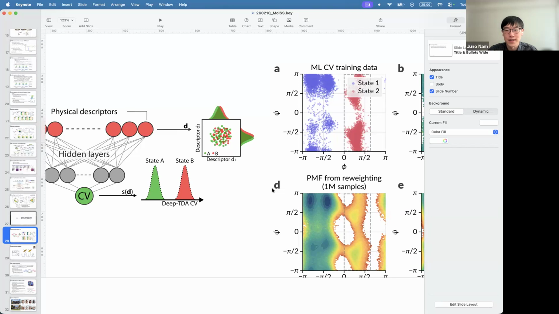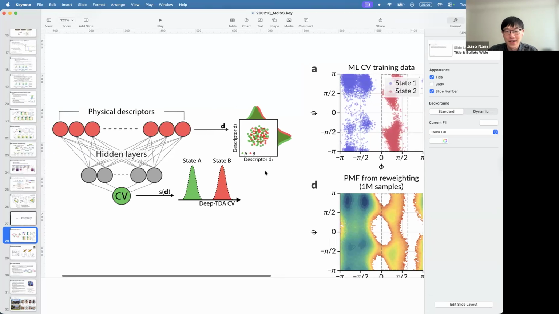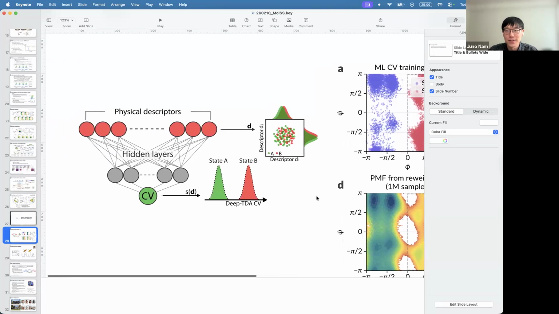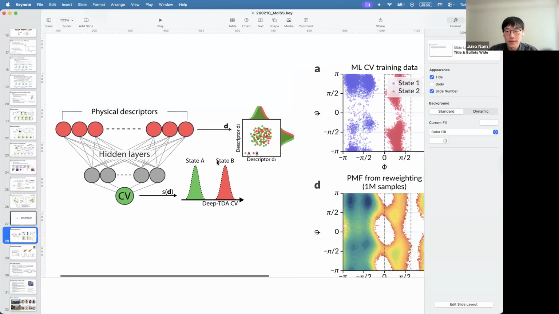I think it depends on which kind of workflow we're thinking of. Deep TDA is used when we have samples from two different modes. But if we have a short MD simulation with time information, then we can use Deep TICA, which is also trained to identify slow modes.